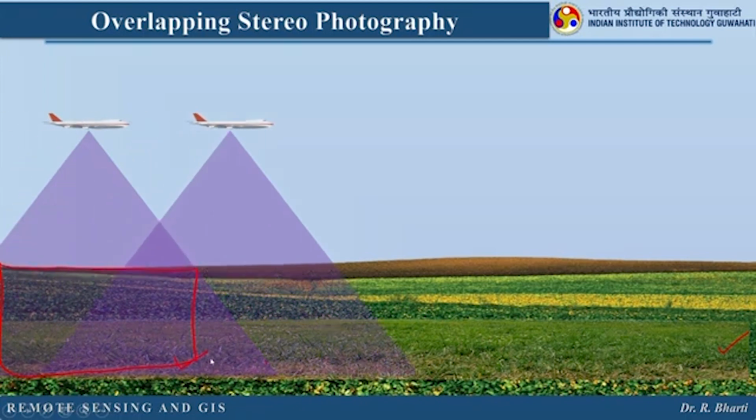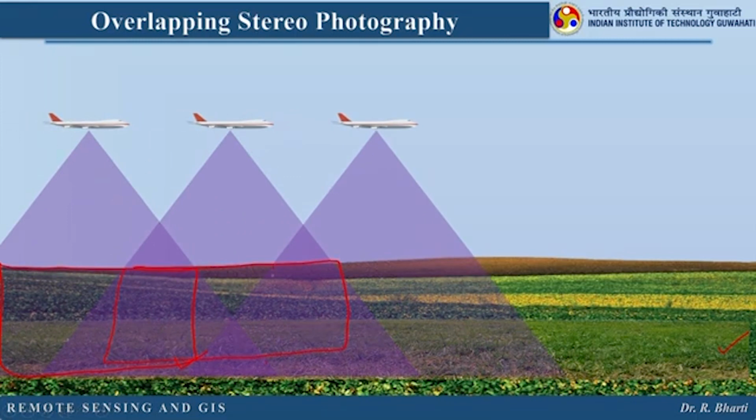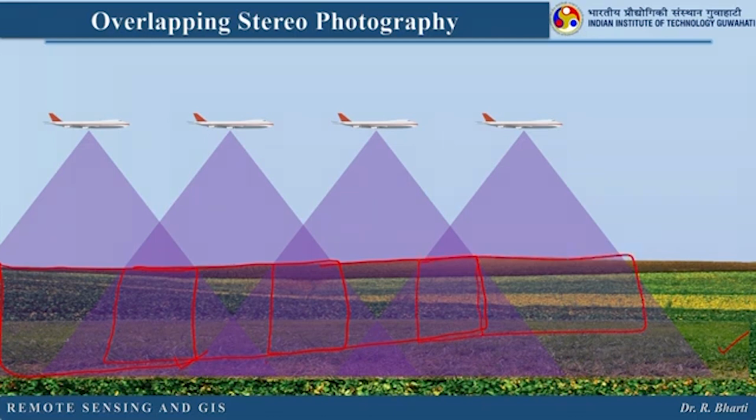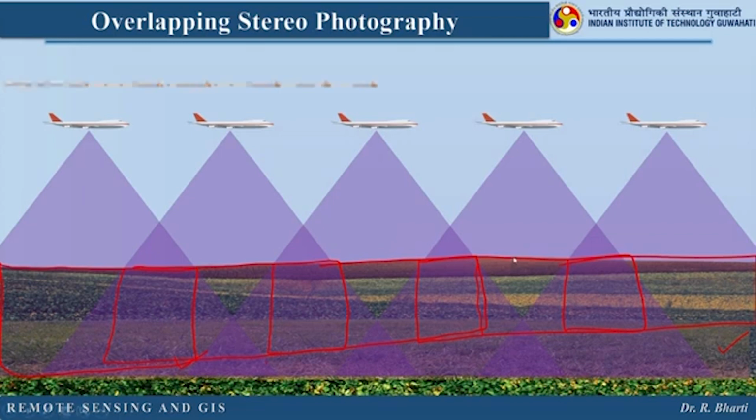Then when we move our aircraft, it will capture from here to here. Then again we are moving, then it will capture from here to here. Then we are capturing from here to here, then from here to here. So you can see there is always an overlap. These overlaps will help you in your study, that you will understand slowly, but basically here we are moving in this direction.